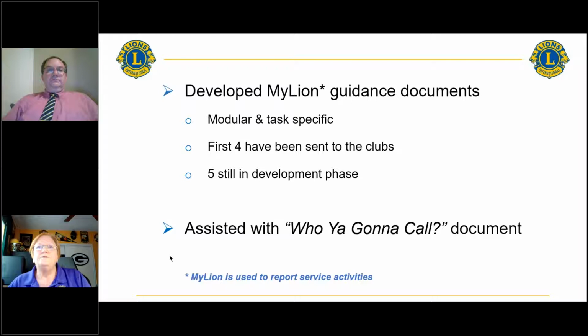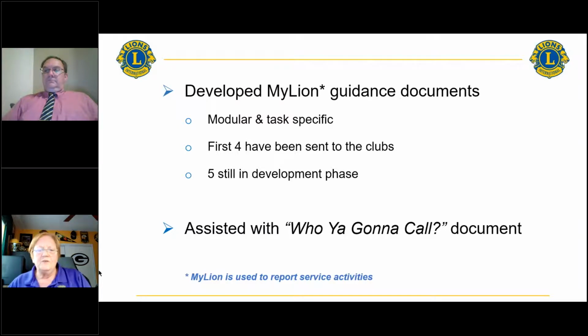We have sent the first 4 of them to the clubs. If you have not received them, please check your emails, and if they're not there, let us know and we'll send them to you again. We still have 5 more that are in the development stage, and they will cover more of the advanced topics that you might want to perform.